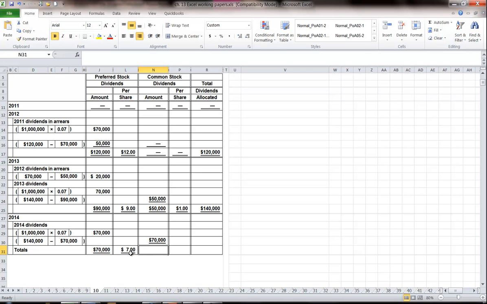So if you own one share, you'll get $7 paid out in dividends. And for our common stockholders, remember they have 50,000 shares, so $70,000 divided by 50,000 shares is $1.40. So if you own one share of common stock, you'll get $1.40. And that added together gives us our total of $140,000 that was declared and allocated.